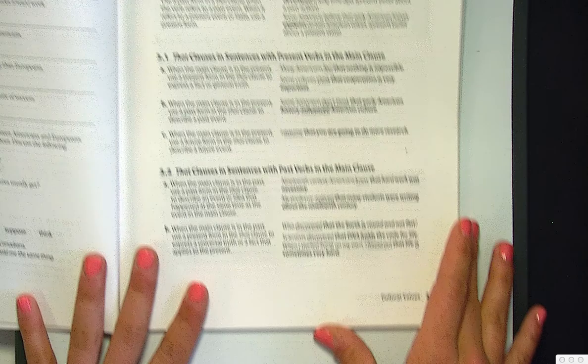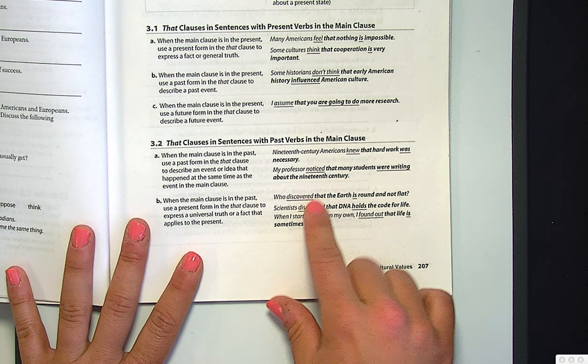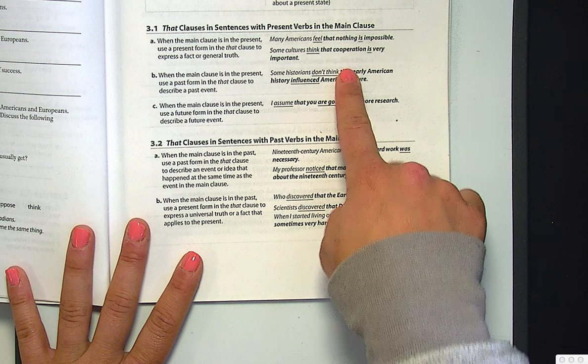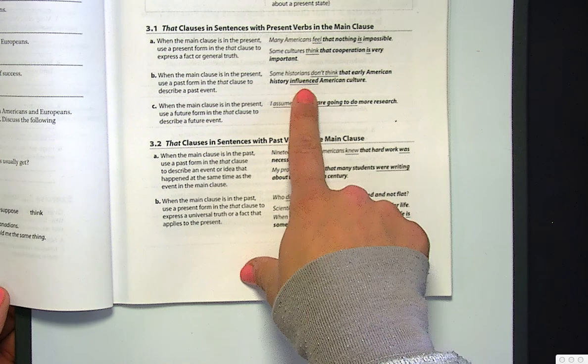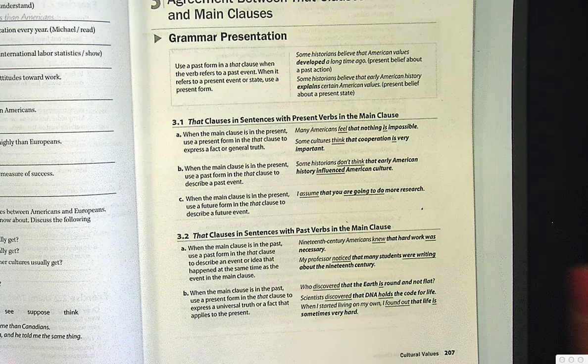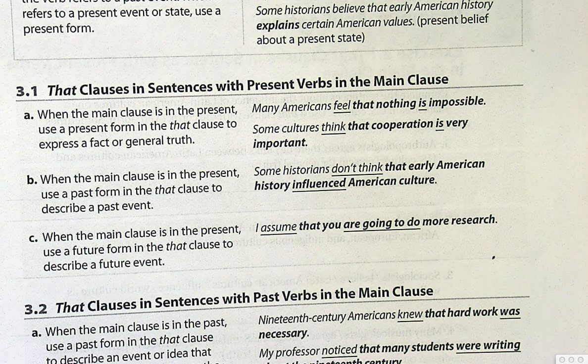And then we'll look at past tense in the main clause. And we will look at all of the options that you can have in the noun clause based on what you have in the main clause. So we're going to look at 3.1 first, and we're going to look at A, B, and C there.